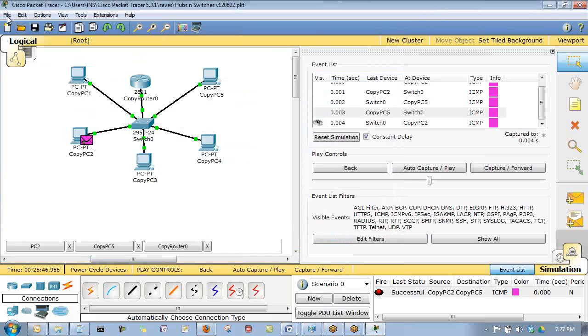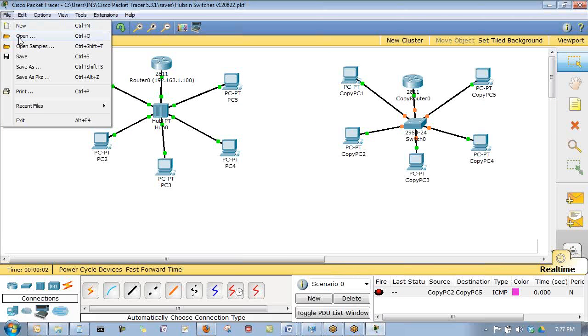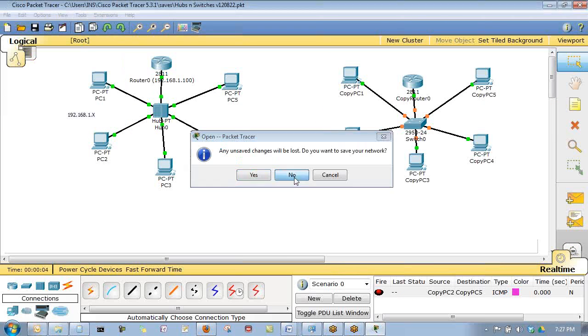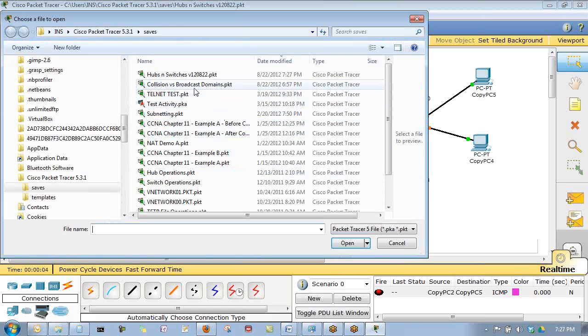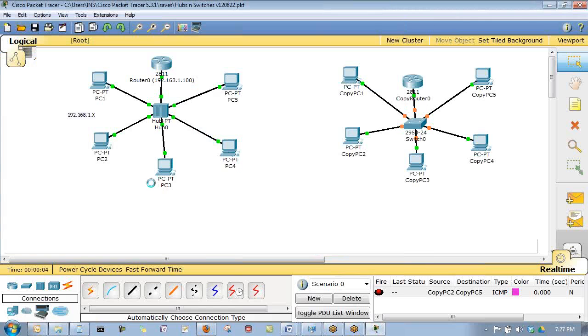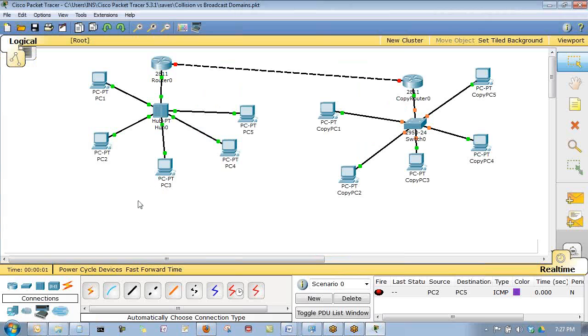No, that's not the one I want. That's the one I already have. This network is called collision versus broadcast. Now, can anyone tell me how many collision domains I have here?